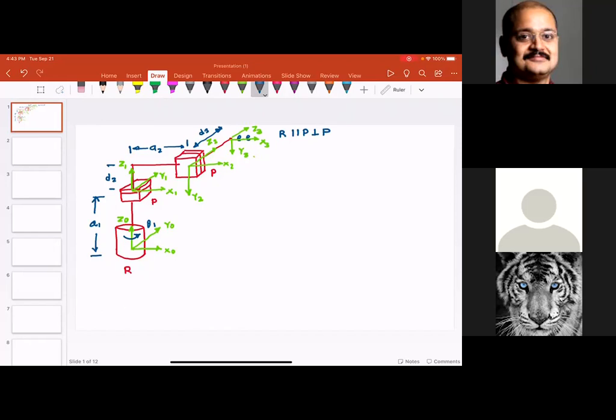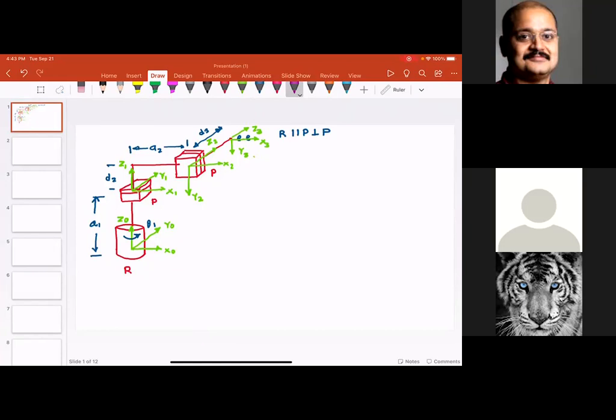So I'm going to solve this problem with the DH parameters. We could assume that the P motor over there is at A1 plus D2.